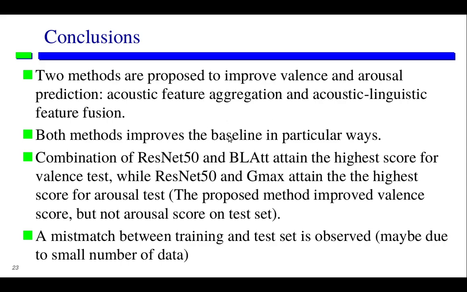Both methods improve on the baseline in particular ways, not in all, but for example in development only. The best result in this challenge for valence is obtained by combining ResNet 50 with feature aggregation and PLITT for the linguistic feature. And for arousal, the highest one is by using ResNet 50 and Gmax.